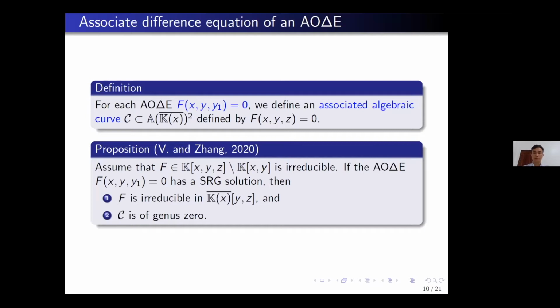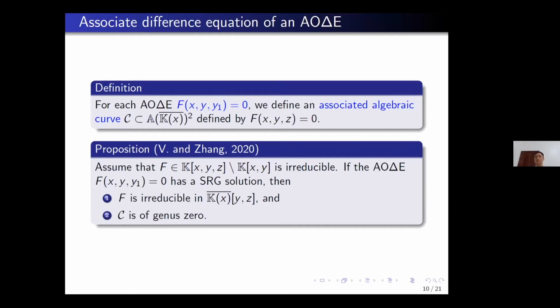Furthermore, the associated algebraic curve must have genus 0. So this is the first necessary condition for the AODE to have a strong rational general solution. That means f must be absolutely irreducible and the genus of the associated curve must be 0. The first necessary condition.